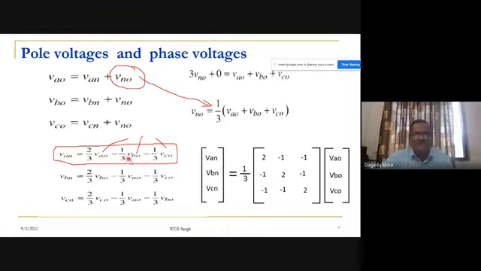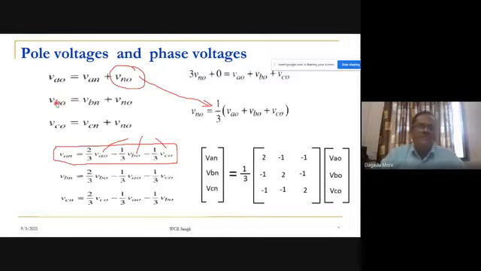Is it clear? So VAO, VBO, VCO have only these two specific values, plus VDC by 2 or minus VDC by 2, depending on which switch is on. We have written the expression for VAN, the phase to neutral voltage.